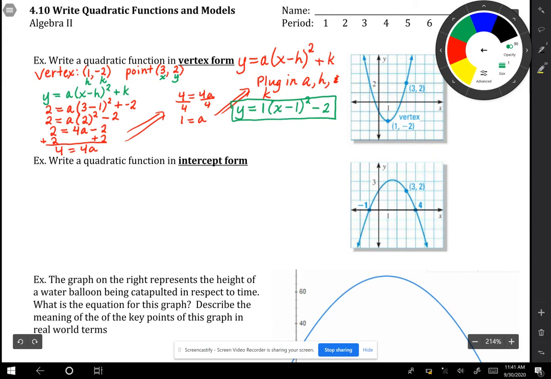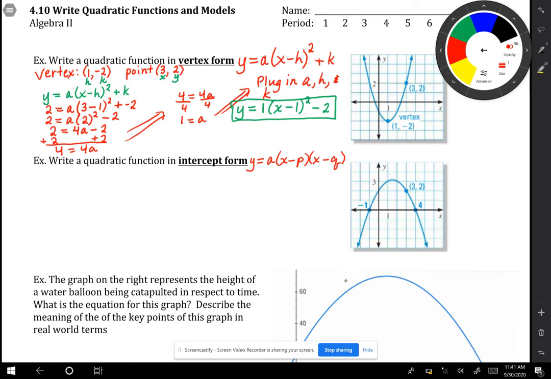That wasn't too bad. The next one, we're going to write a quadratic function in intercept form. The key word being intercepts, and the intercepts we're interested in are the x-intercepts, which are plotted on the graph, and then there's a point (3, 2) as well. Our equation for intercept form is y equals a times (x minus p) times (x minus q).